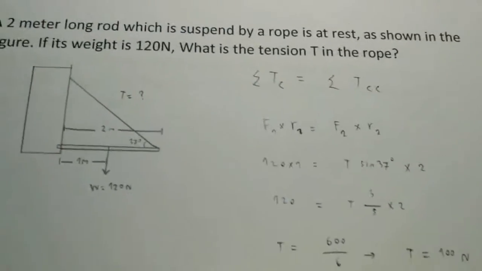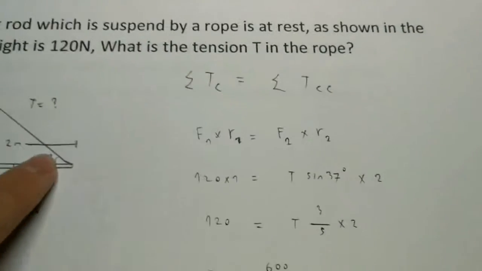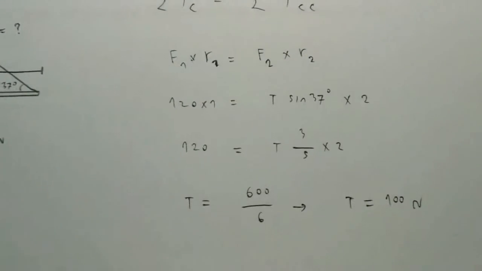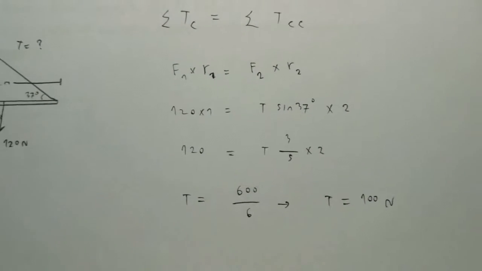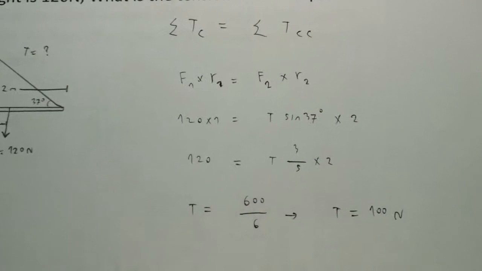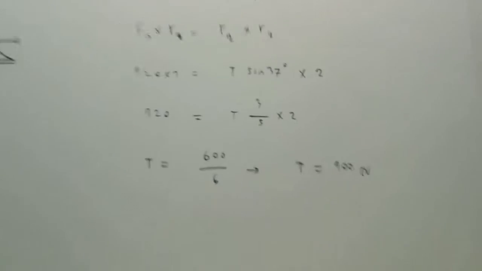So F2 is T times sine 37. So just solve it. 120 equal to T times 3/5 times 2. So T is 100 Newton.